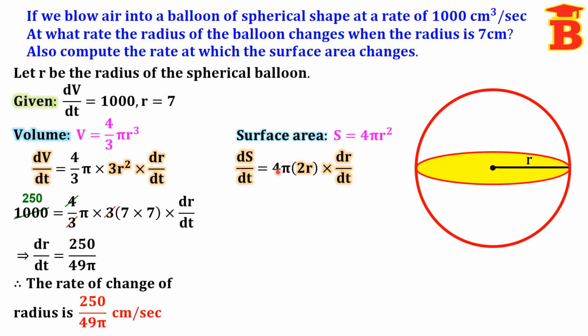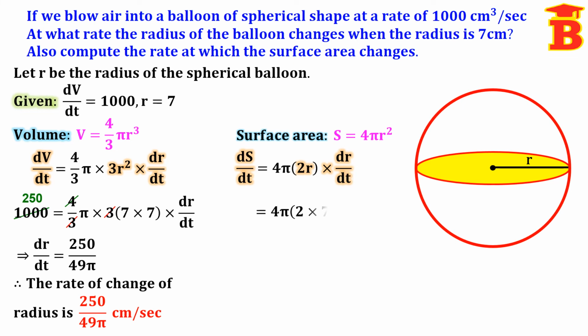So keep it as it is into differentiate r square. R square differentiation is 2r into again we have to differentiate r, that is dr by dt. We are differentiating with respect to t, that is another variable. That is why we write into dr by dt.